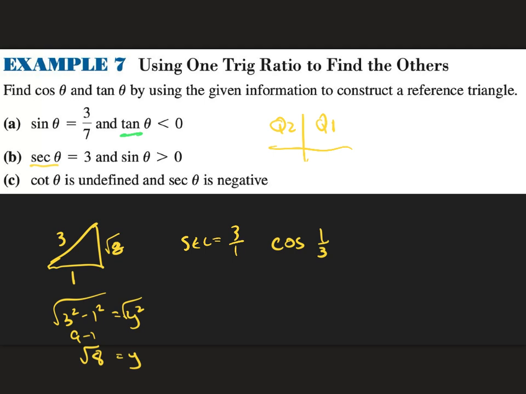So that's root 8, and the sine is bigger than 0. So the sine is just root 8/3. And that would make the tangent equal to root 8/1.